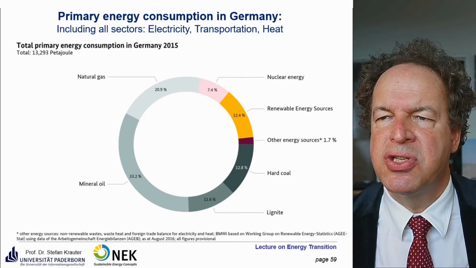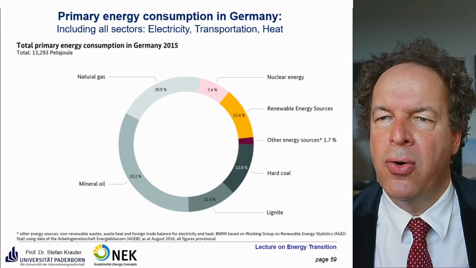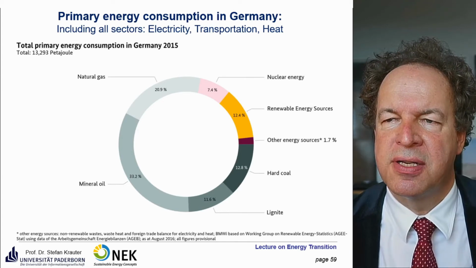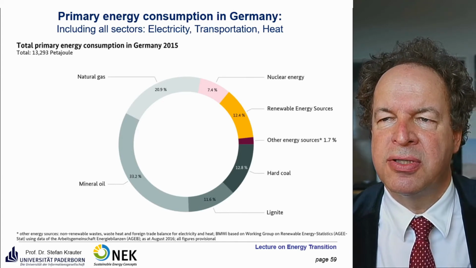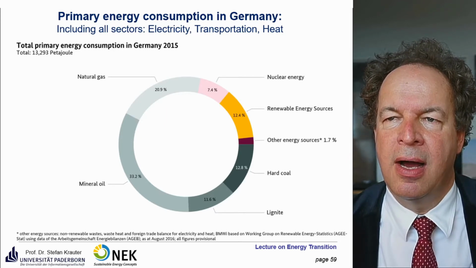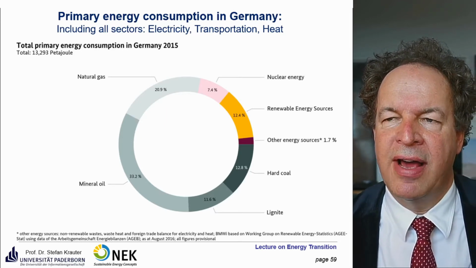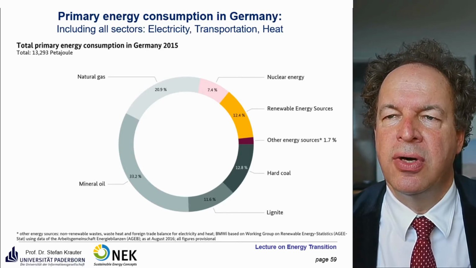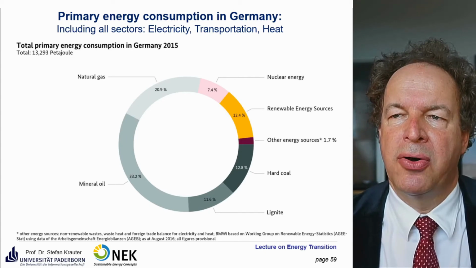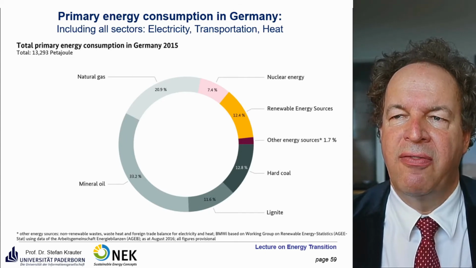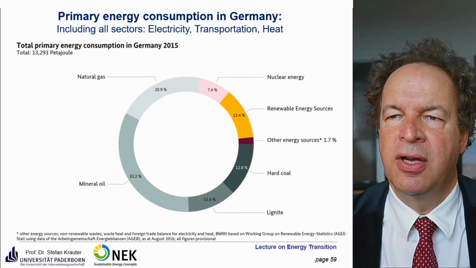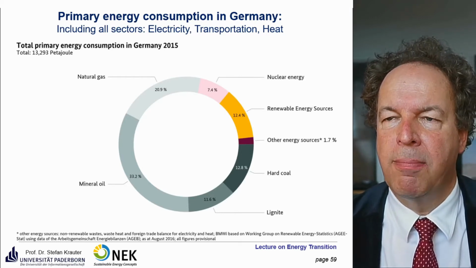This is sometimes due to the way this primary energy consumption is calculated. Usually you would think that if you have 1 kilowatt hour of electricity, you can either generate it via coal or via renewables, and you would need about 3 times the calorific value of coal than you would if you use the same amount of wind power or solar power.